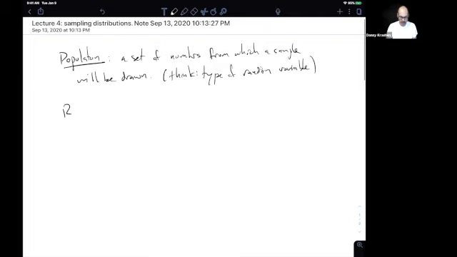A random sample will be a finite collection of such measurements. So more precisely, this is a collection of independent and identically distributed random variables.